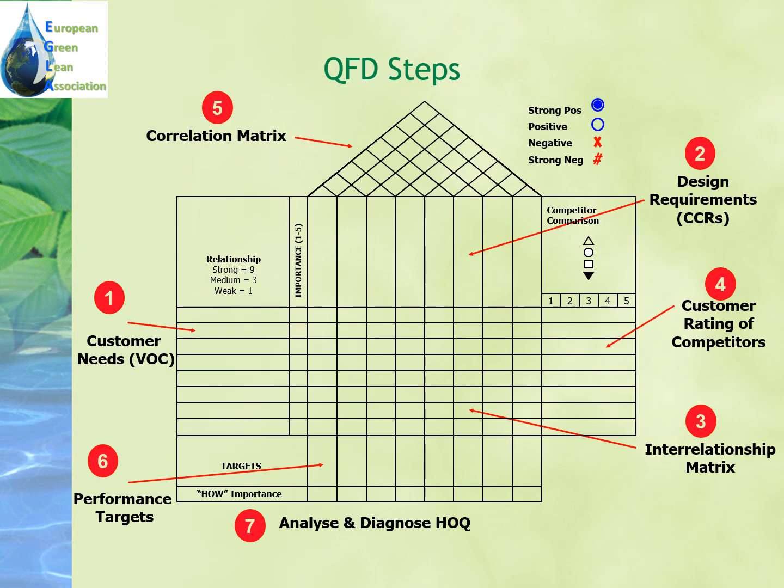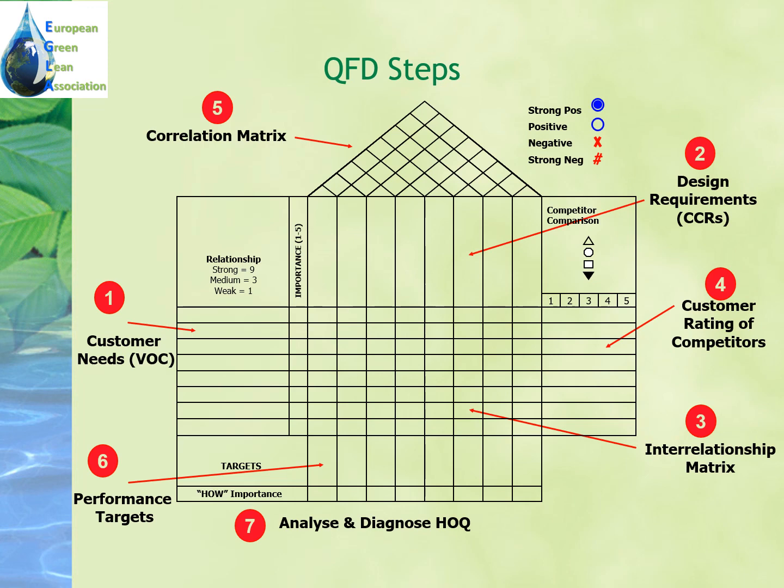We look at the different interrelations between what is planned to be done. We look at the customer understanding of our competitors. Also, it might be our internal customers, remember, telling where especially our competitors are better than we are, so that we can tackle that and improve our own product or service.